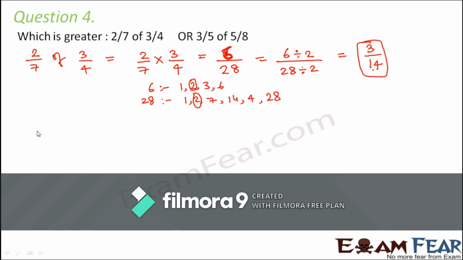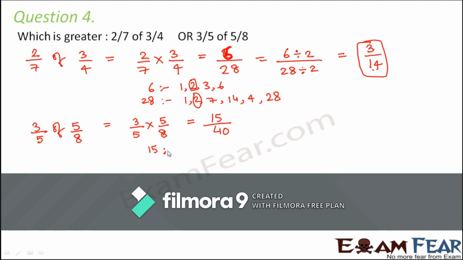The other fraction that needs to be compared is 3 by 5 of 5 by 8, which is equal to 3 by 5 into 5 by 8. So this is equal to 15 by 40.